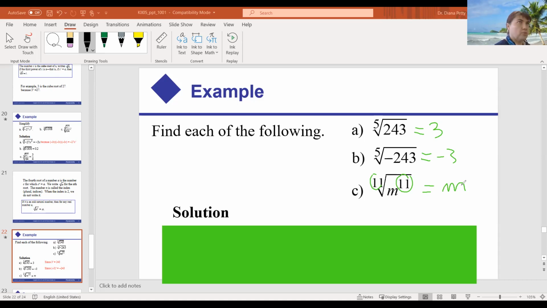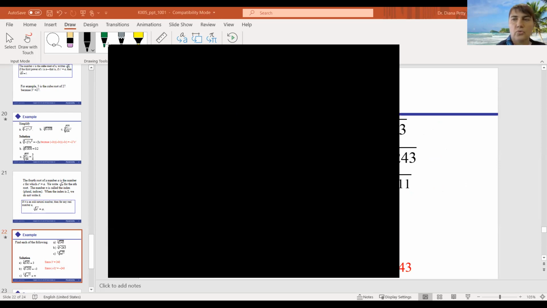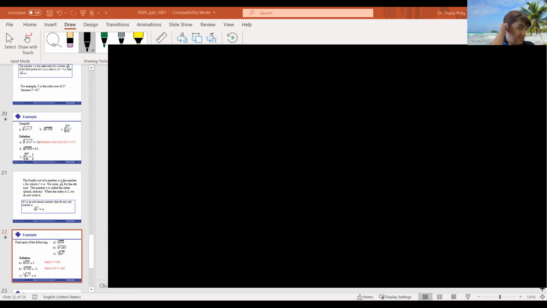Let's do a few problems here. I'm just going to get something from the book, which says find, okay, so what are you finding?